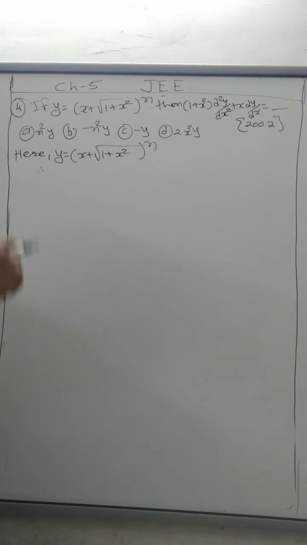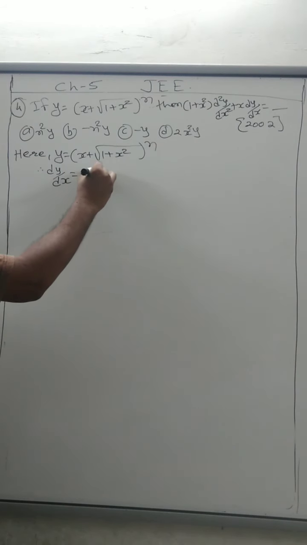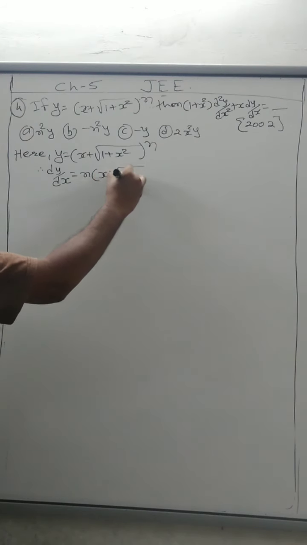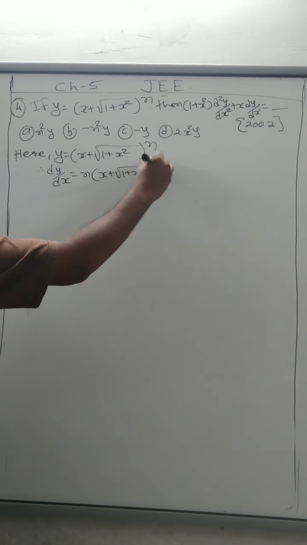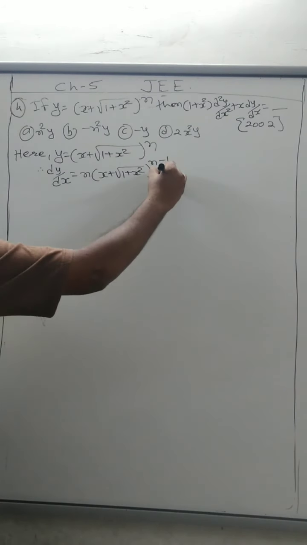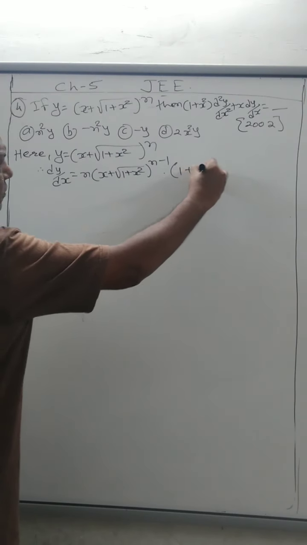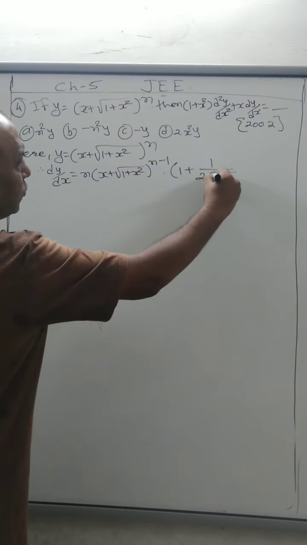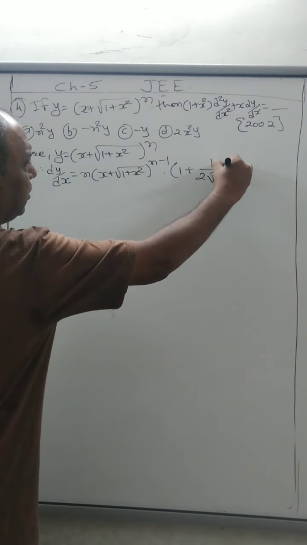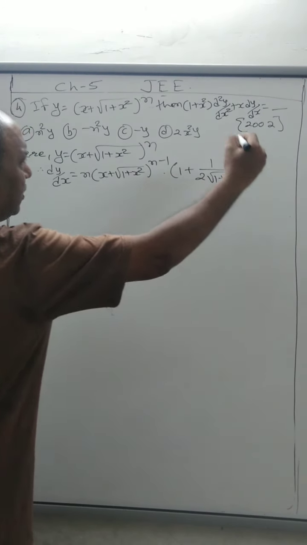Therefore, we differentiate the first time, we get dy upon dx equal to n into x plus root 1 plus x square raised to n minus 1 into d upon dx of this, means 1 plus 1 upon 2 root 1 plus x square into 2x.